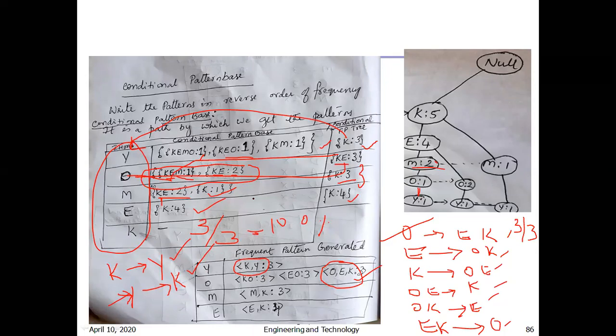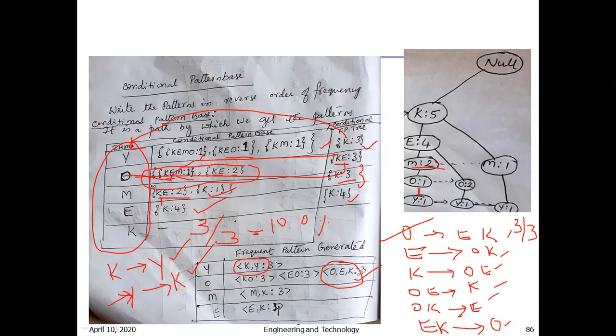So association rules can be generated based on two techniques: one is using the a priori algorithm and the second is the FP growth technique. In the FP growth technique, there are two major steps.